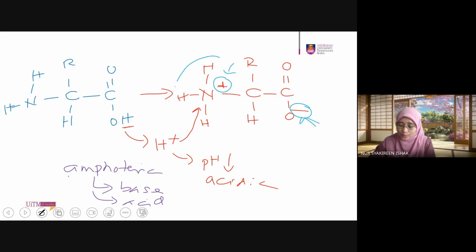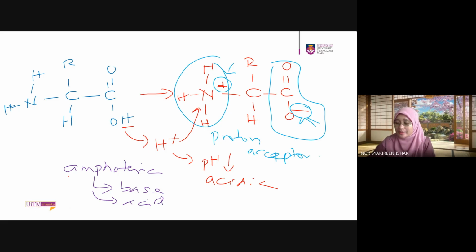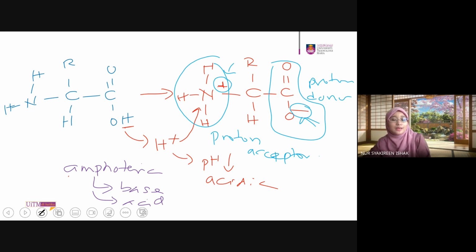So this is a zwitterion that has both positive and negative charge. The amino group here becomes a proton acceptor. The carboxyl group here becomes a proton donor, it donates the proton to the amino group.